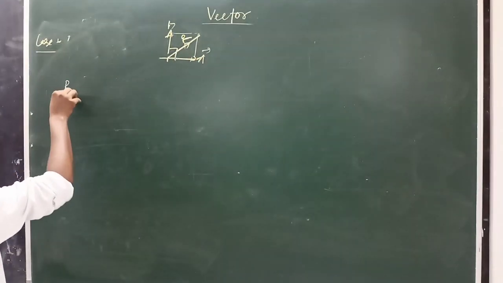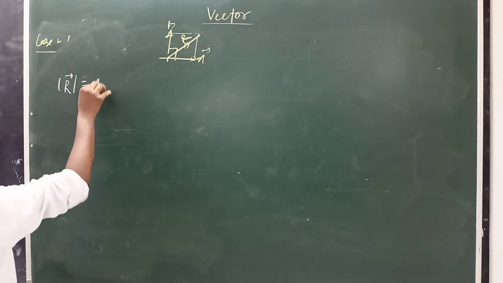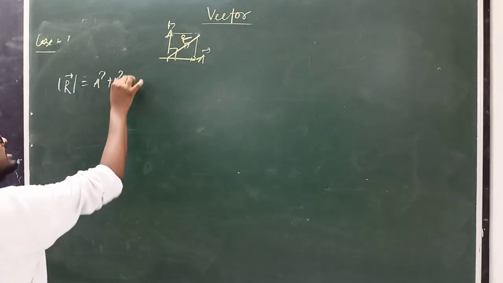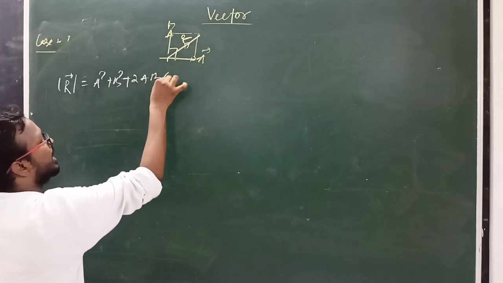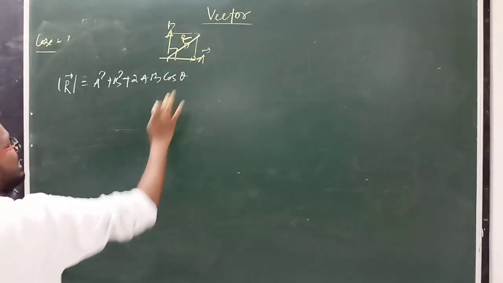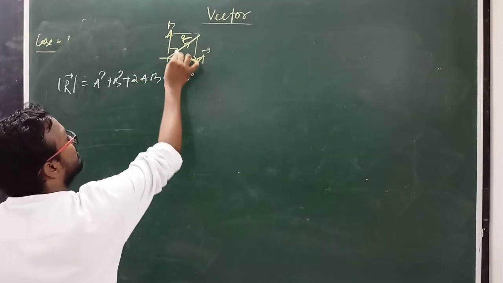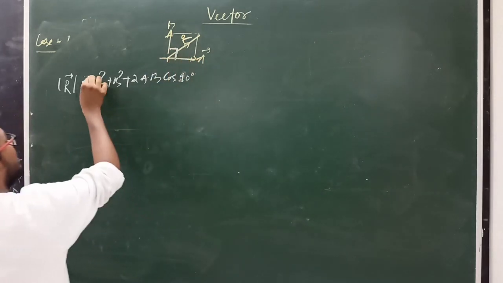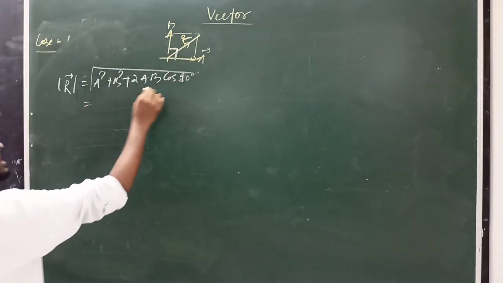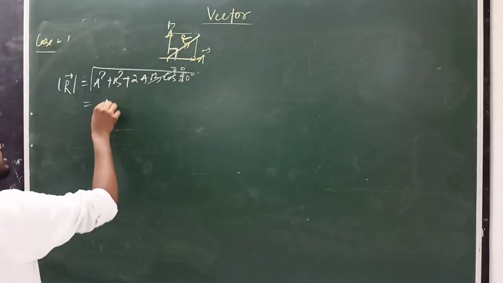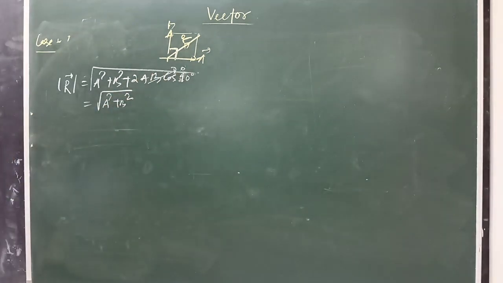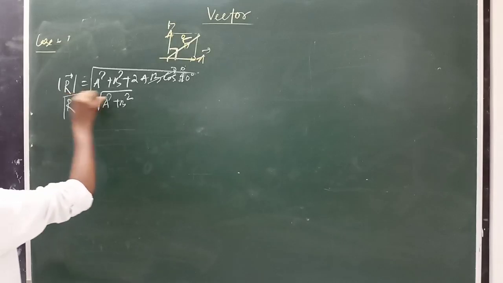So in this case we have to find resultant R vector equal to square root of A square plus B square plus 2AB cos theta, and theta is here 90. Then this term will be 0. Square root of A square plus B square, this is the resultant vector R.